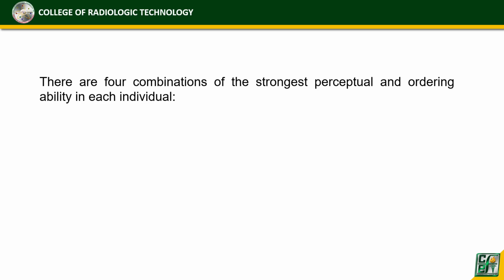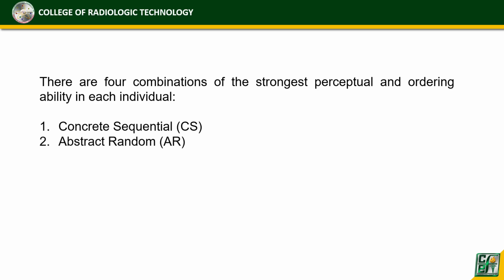Okay? So there are 4 combinations of the strongest perceptual and ordering ability in each individual. Okay. So nandiyan yung binanggit natin kanina, concrete sequential. So ito ay halo-halo na. Okay? So concrete from the perceptual quality, sequential from the ordering ability.